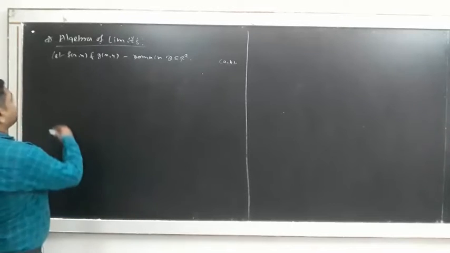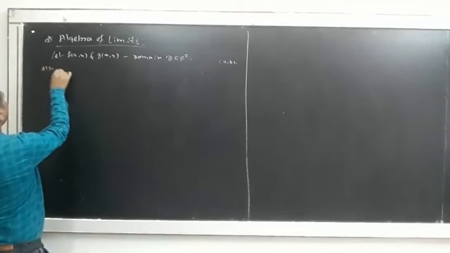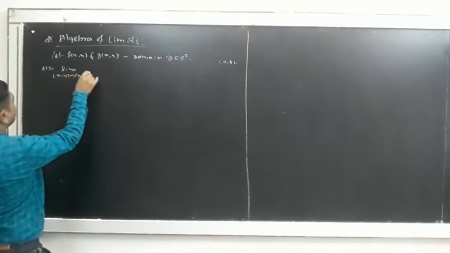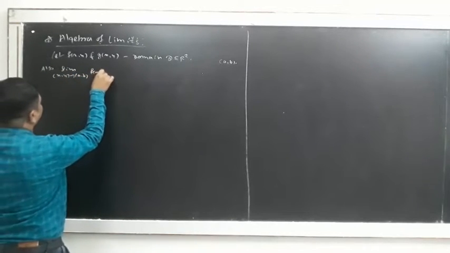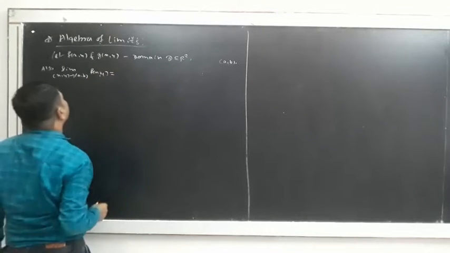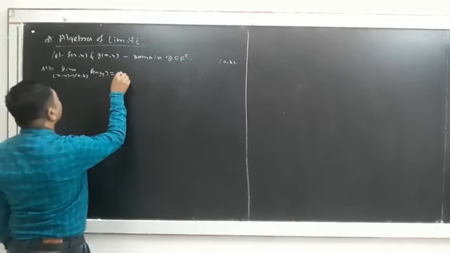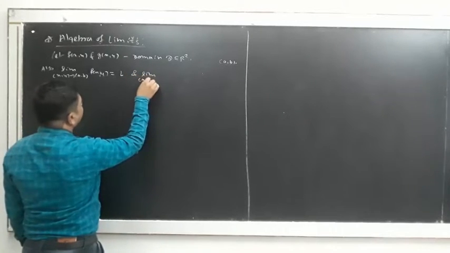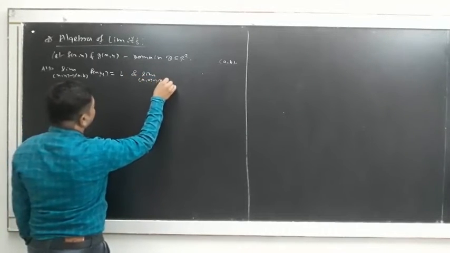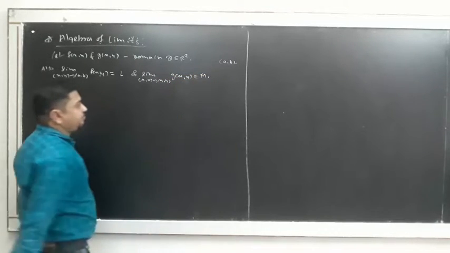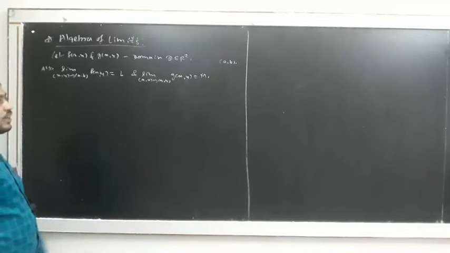Then also, limit xy tends to AB, f of xy is equal to, suppose, L, and limit xy tends to AB, g of xy is equal to M.